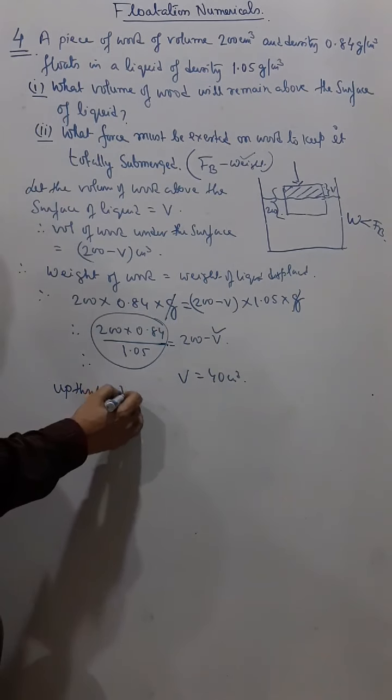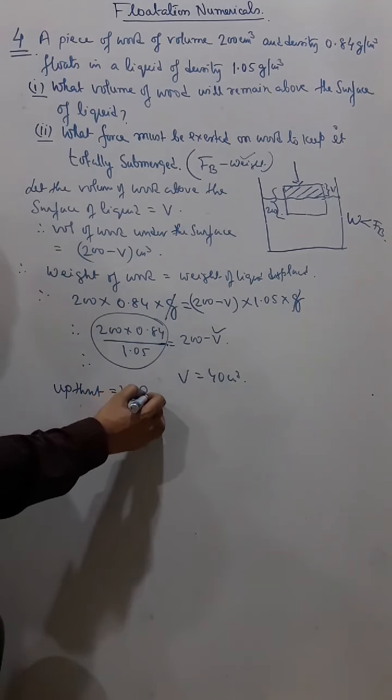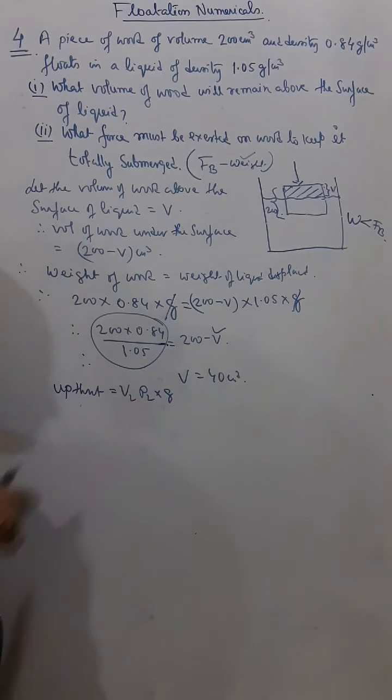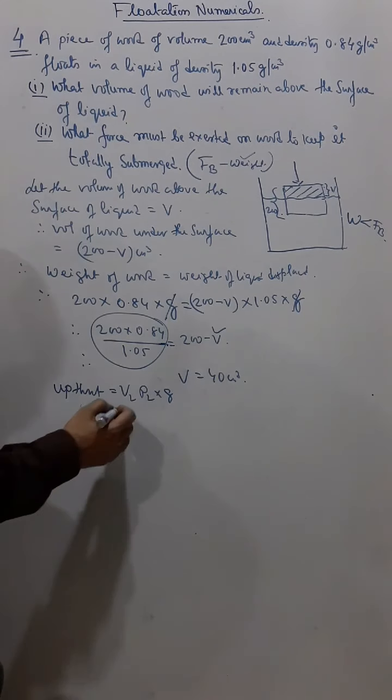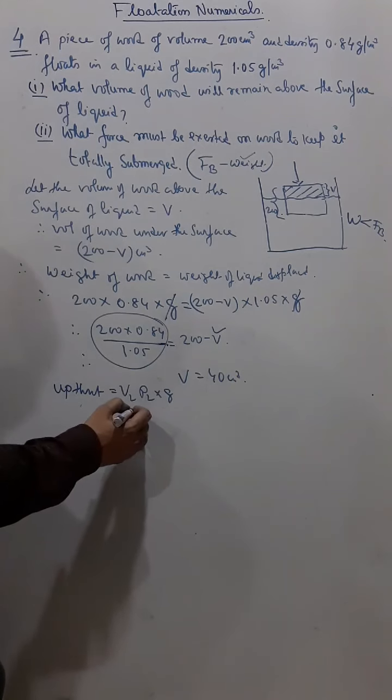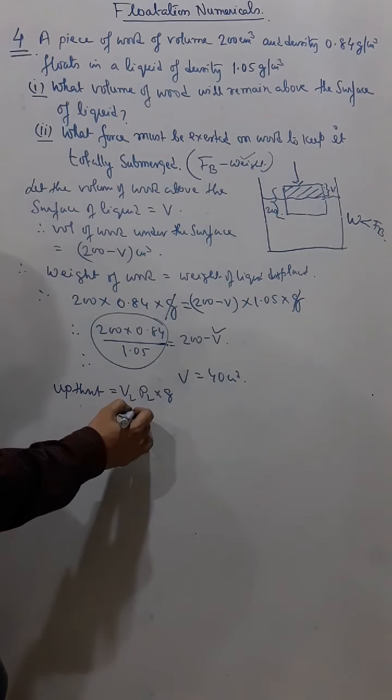Upthrust is volume of liquid displaced into density of liquid into G. We'll keep our G as G, so we'll get it in gf.